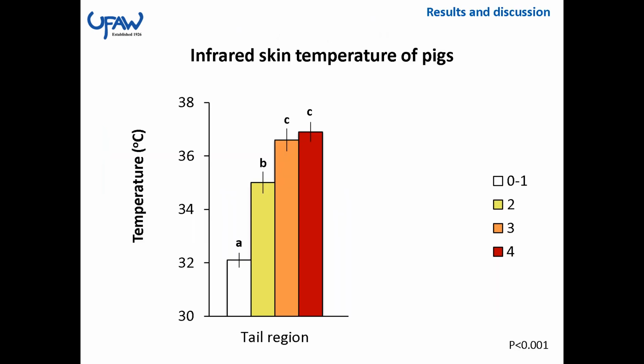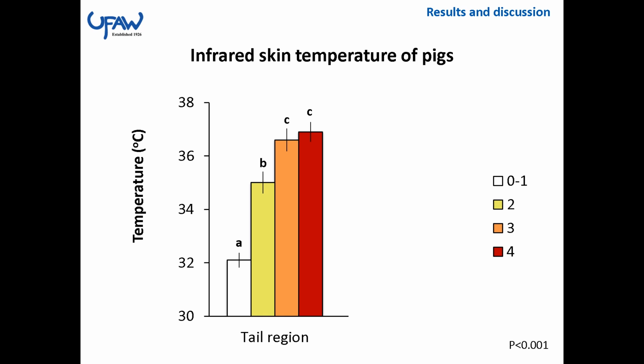As a result, we found that there was an effect of the severity of tail lesion score on the skin temperature measured at the base of the tail and the ear. Skin temperature measured at the base of the tail was significantly lower for tail scored 0 and 1 than for all other tail lesion scores.